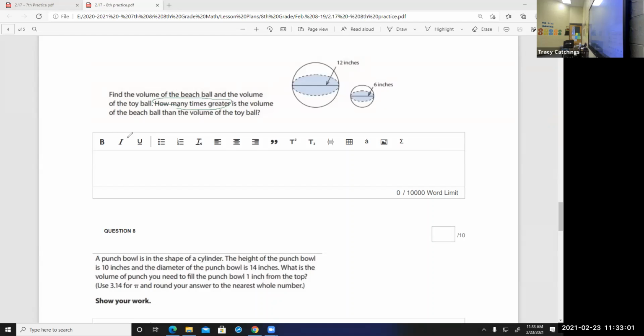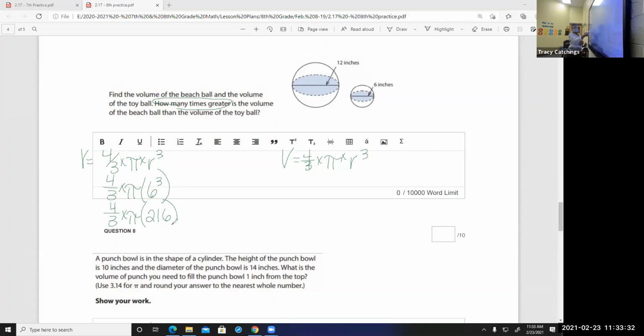All right, this says sphere. V equals four-thirds times pi times r cubed. I'll go ahead and run it again. 6 cubed is 216.